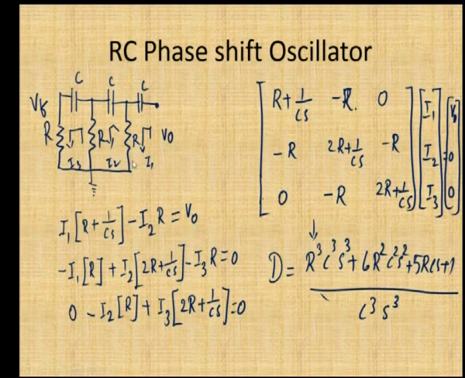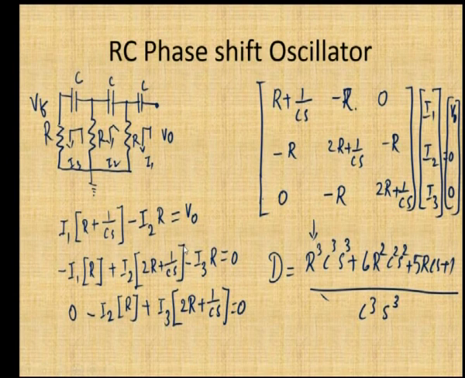For the second loop there are 2 resistors, so I2 is the current flowing through these 2 resistors and also the capacitor. So, I2 into 2R plus 1 by Cs, and this resistance is common to the third loop also, so the current I3 through this resistance is subtracted, and also this resistance is common to the first loop, so I1 through this resistance is also subtracted, and it is equal to 0.